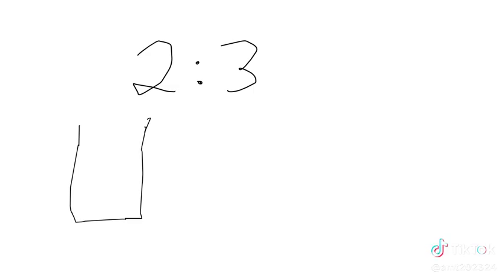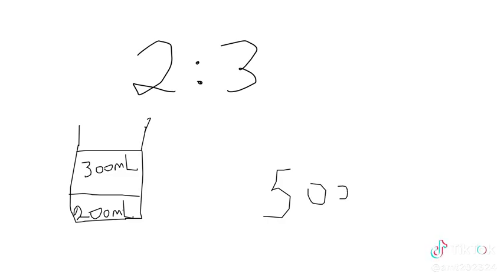So I might want to fill, let's say, 200 milliliters of blackcurrant squash, or orange squash, or whatever flavored squash you like to drink, and then I want to add to that 300 milliliters of water, to make sure it's not a very strong taste. So this is the idea of a ratio. In total, I've got a 500 milliliter drink of squash that is diluted.